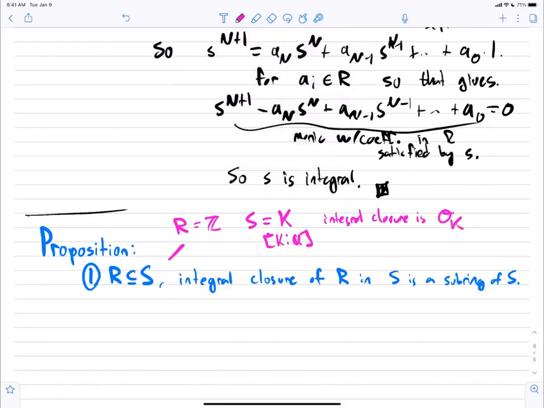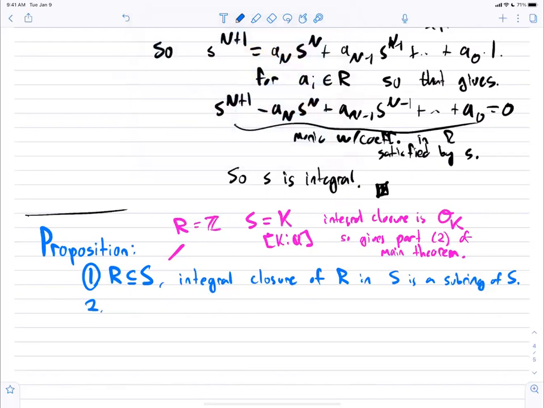And so this gives part 2 of the main theorem. Part 2 of the main theorem said that this ring of integers O_K really was a ring.